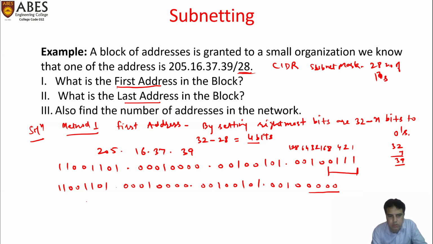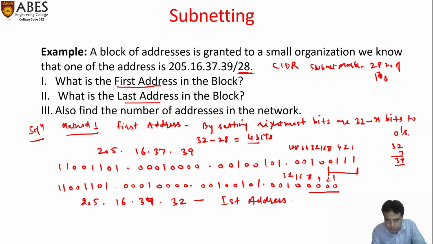Now convert it into decimal. This is 205.16.37. Now 1, 2, 4, 8, 16, 32. This is 32. This is the first address in the block.